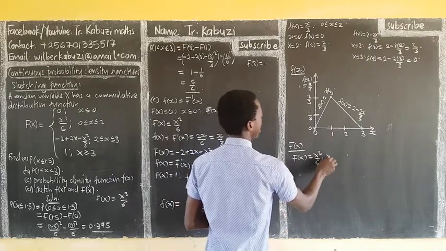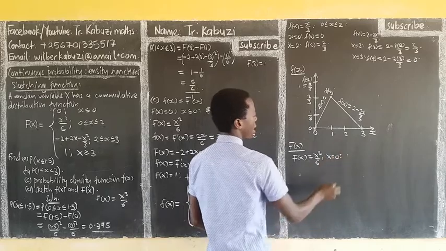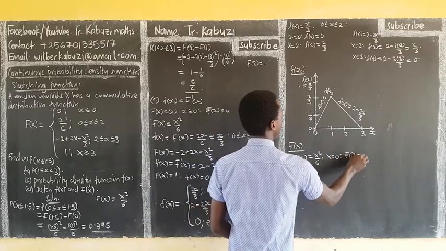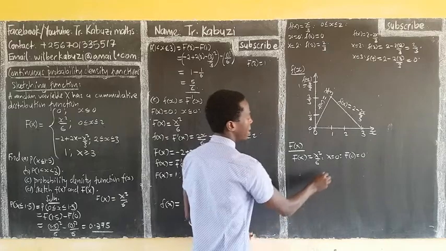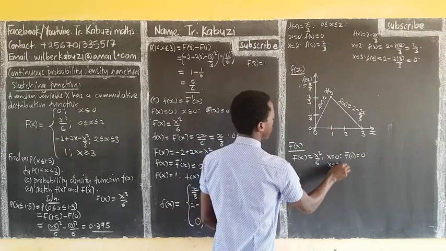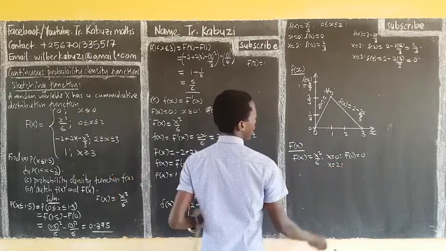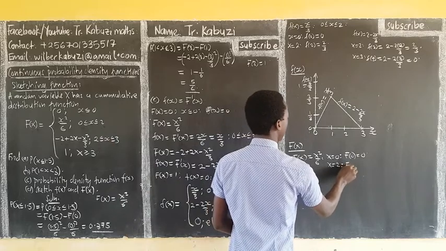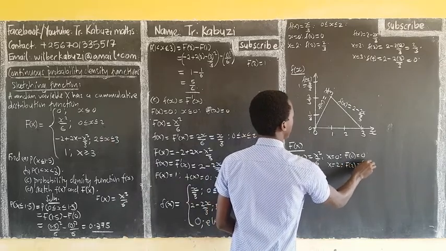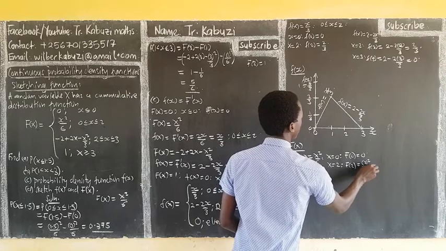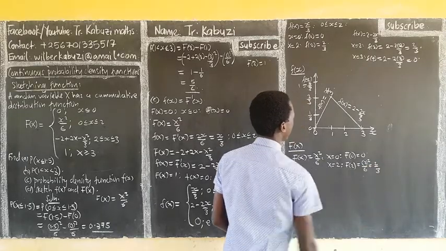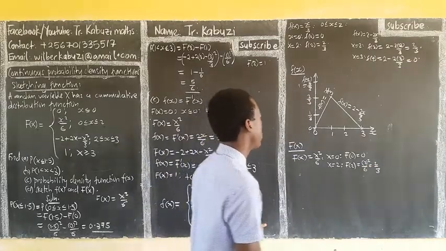When x is 0, capital F of 0 is 0. Then when x is 2, in this interval, I get F of 2 as 2 squared over 6, which will give me 2 over 3. So I'm done with that.